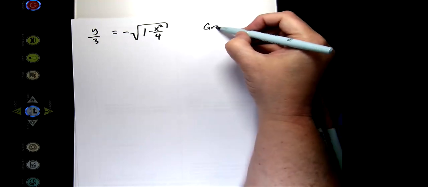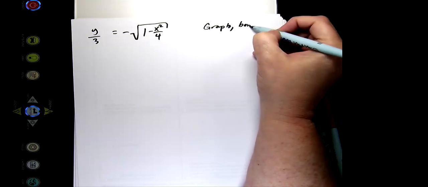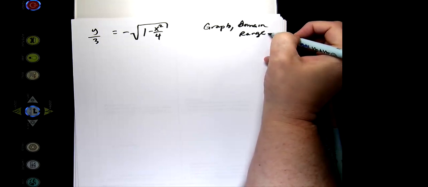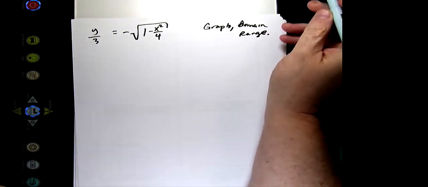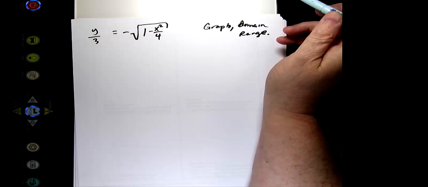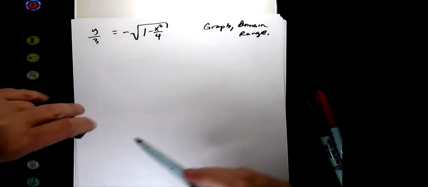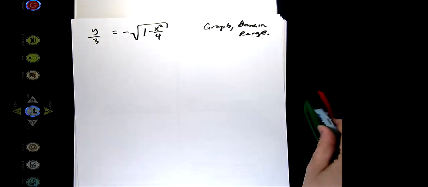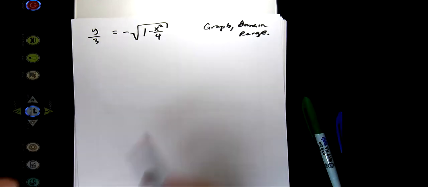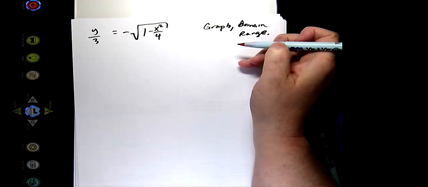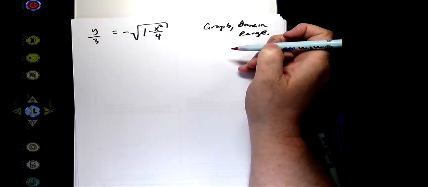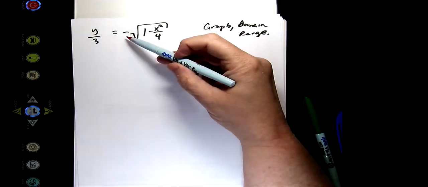Let's look at the graph, the domain, the range. I don't like the square root, so how do we deal with square roots? We could square it, and we're going to square it. But before I square it, squaring is going to destroy a key piece of information: the negative sign.